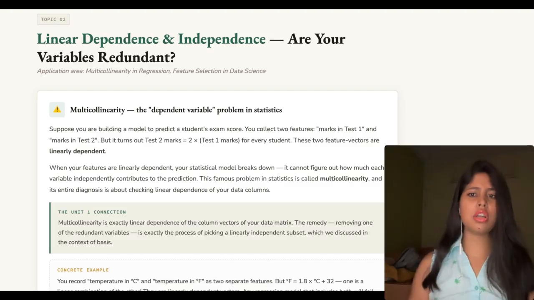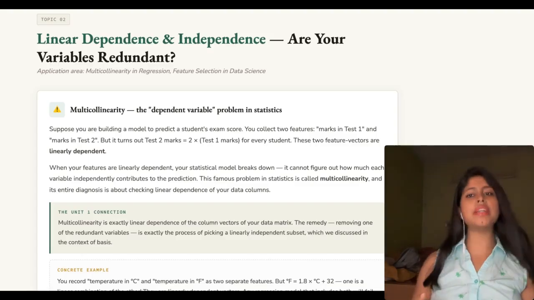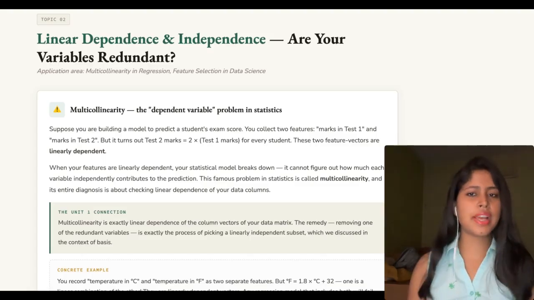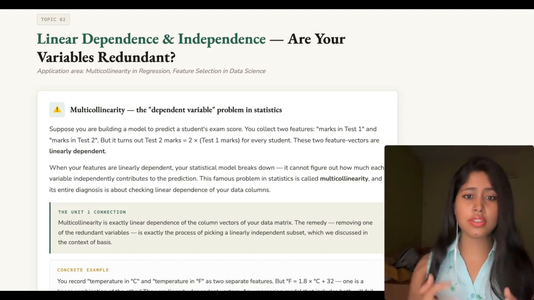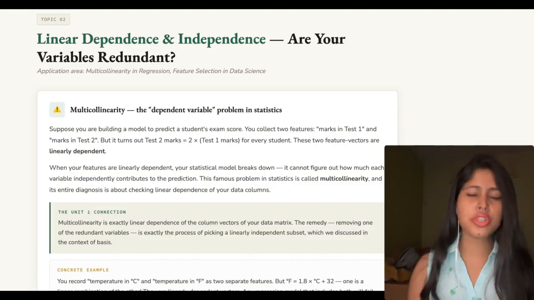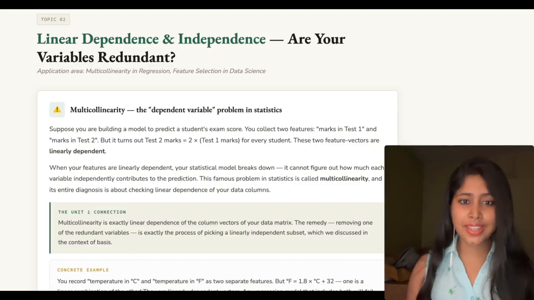Now, these two column vectors are linearly dependent, right? Because the values are basically redundant. Why do I say so? Because one is just a scalar multiple of the other. When you try to run regression on these linearly dependent columns, your model breaks. Why? Because it literally cannot figure out how much test 1 contributes versus how much test 2 contributes, because they carry identical information.